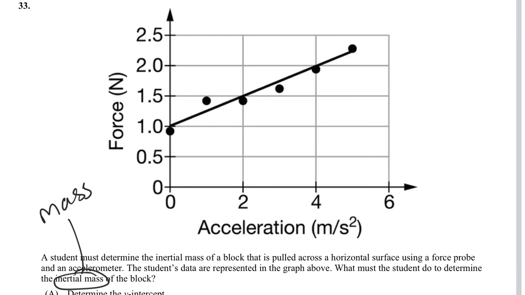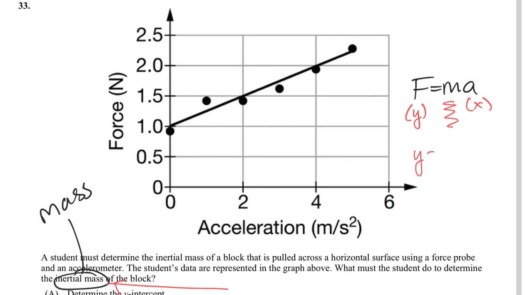We're given a force and acceleration graph. What do we know about force and acceleration? F equals ma. We know that acceleration is going to be on the x-axis, so let's just label x. Force is going to be on the y-axis. It's going to be y. And we need to determine the mass. Well, would you look at that? So mass is right here.